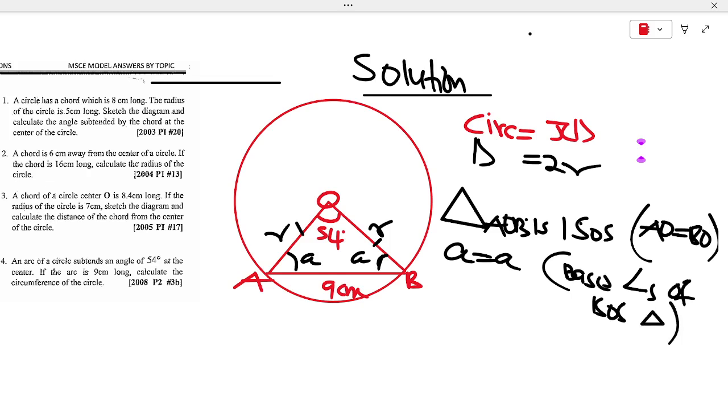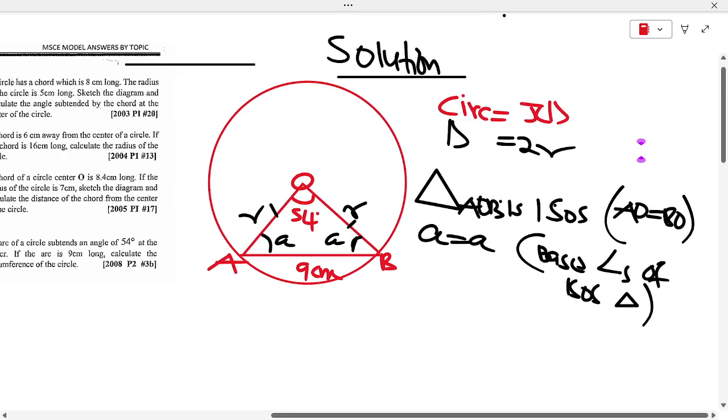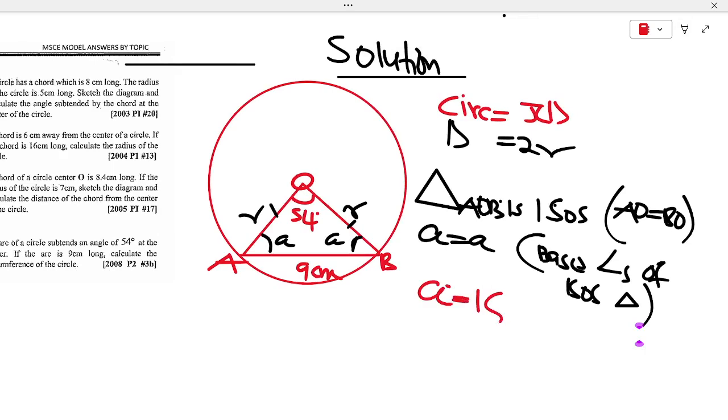We can find the value of A, because A plus A plus 54 equals 180, the angle sum of a triangle. So the value of A will be 180 degrees minus 54 degrees, divided by 2.